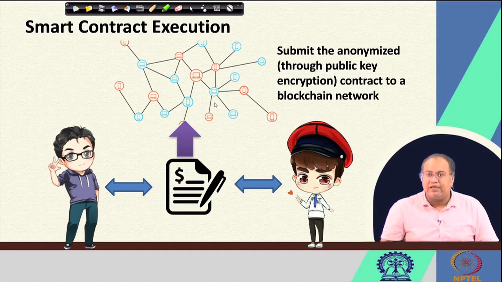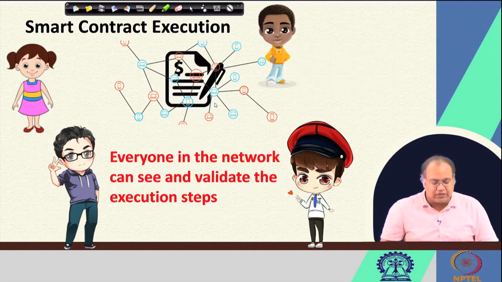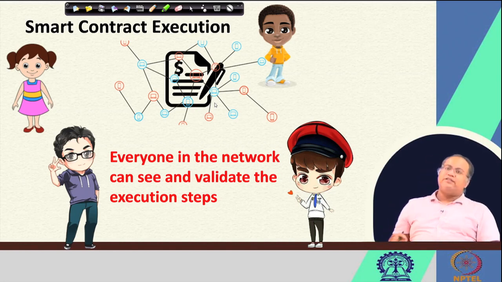Once you submit the contract in the blockchain network, the other persons in your blockchain network can monitor the state of execution of this contract and verify whether the contract has been executed successfully or not. Later on we will see how you can write a smart contract.